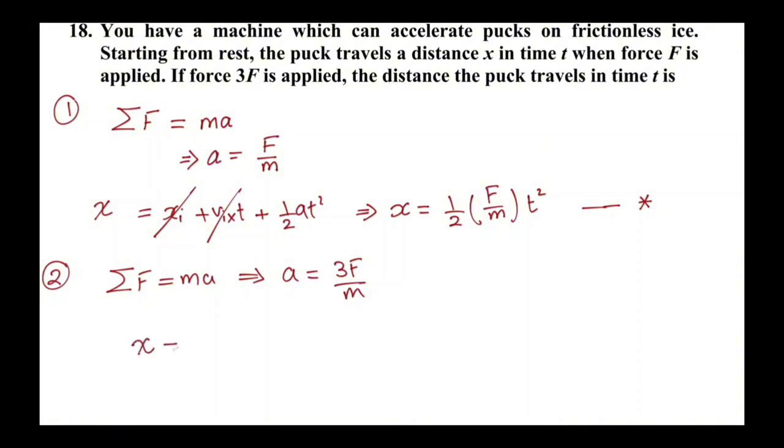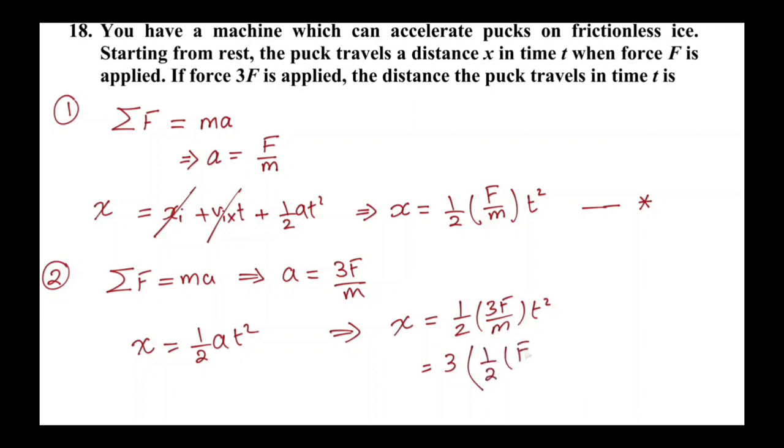Now x here, no need to repeat things, x equals half a t squared, or in other words x equals half 3F over m t squared, or you can write it like this, 3 times half F over m t squared, and this is actually the distance before the force tripled, so the final distance equals 3 times the initial distance.